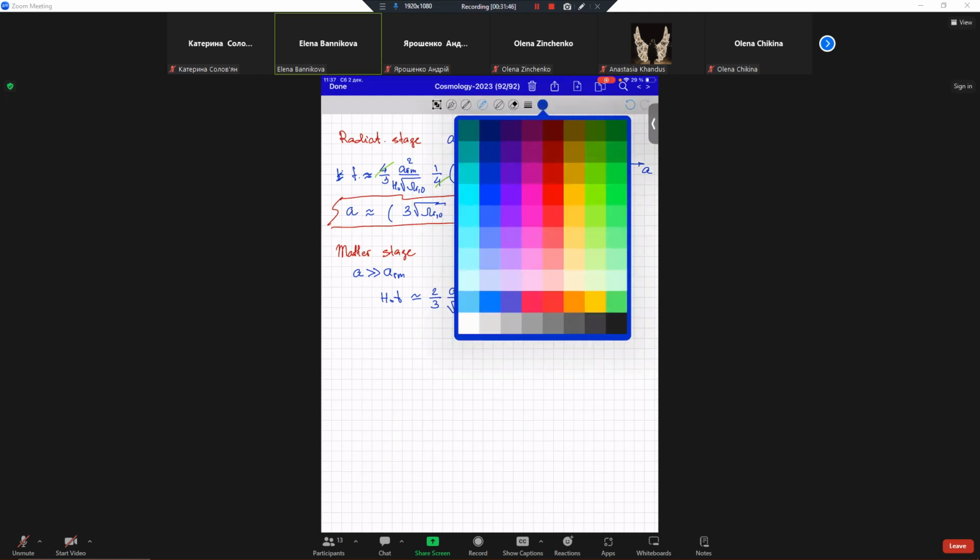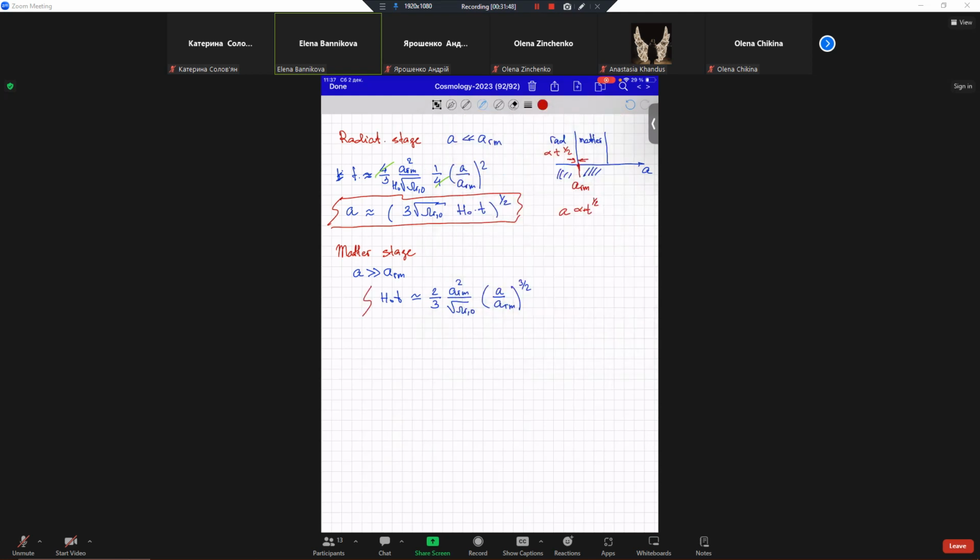So this is a relation which we directly obtained from the Friedmann-Lemaitre equation for this case. Again, we remember that all of this we consider for k equals 0.